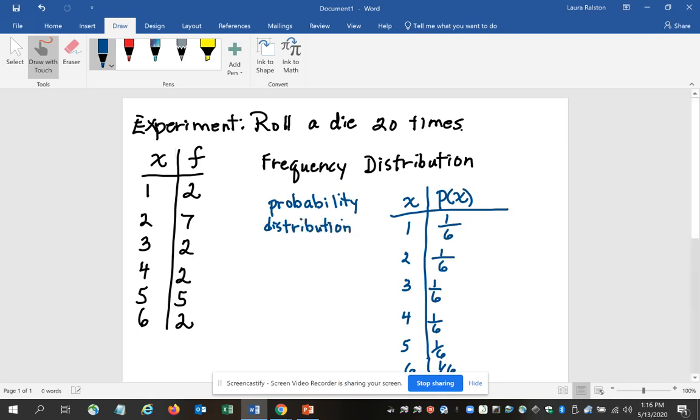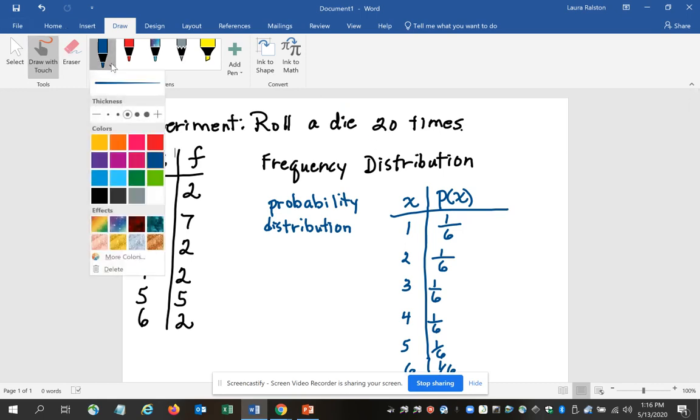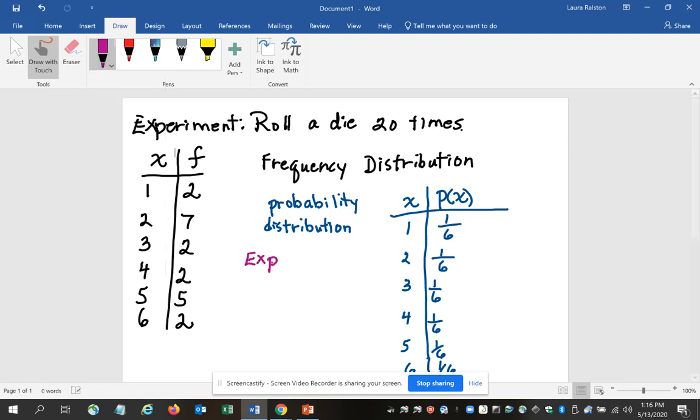Now in this scenario, notice that it's the same for every particular value that we have. That's not always the case. So what should we expect to happen? Well, if I roll the die 20 times, 1/6 of those times I should roll a 1. 20 times 1/6 is 3.3 repeating.